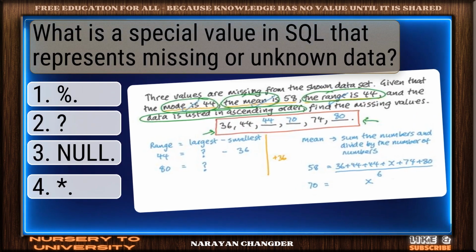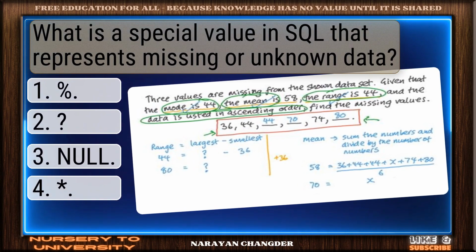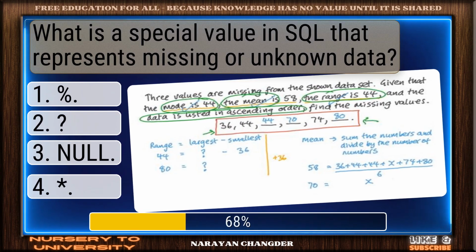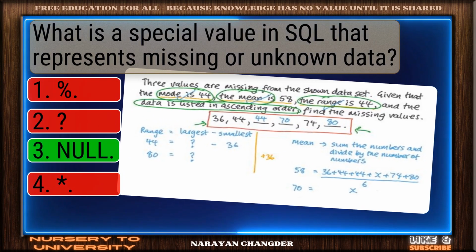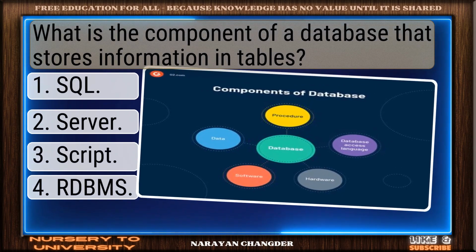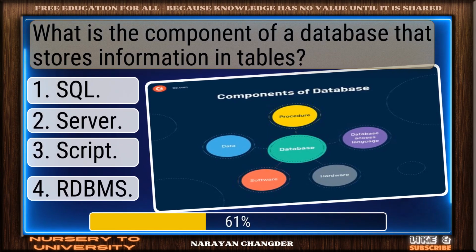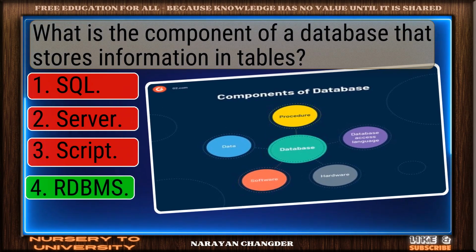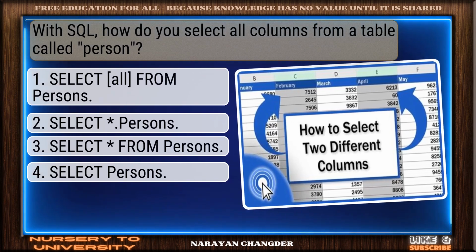Question number 22. What is a special value in SQL that represents missing or unknown data? Well picked. Null is the correct answer. Question number 23. What is the component of a database that stores information in tables? Good thinking. RDBMS is the right answer. Question number 24.